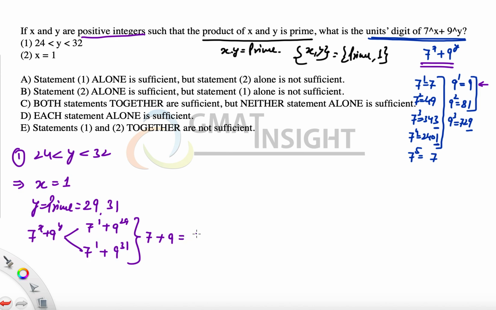So the result has unit digit 6 whether you take case 1 or case 2. Therefore, the first statement surprises many students at this step because it is sufficient to answer the question. It results in a unique value of the unit digit of 7 to the power x plus 9 to the power y. Now, having done this exercise, let's look at statement 2.